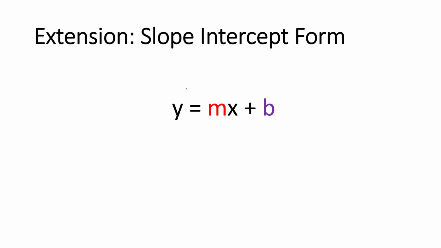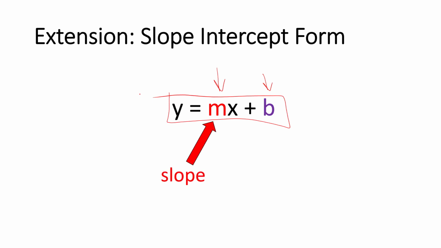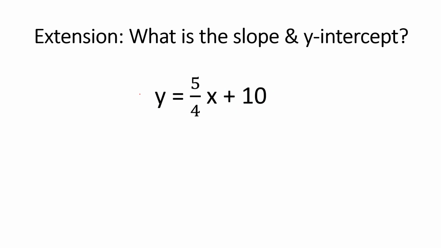All right, extension. Remember, y equals mx plus b is our slope-intercept form for the equation of a line. So, what is the slope and y-intercept?